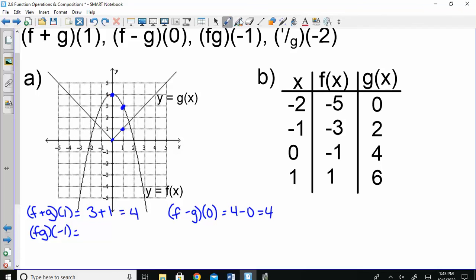So f times g of negative 1. When x is negative 1, the y value of f is 3. The y value of g is 1. Does everybody understand where we're getting these numbers? So I'm giving you x and you have to find the y.